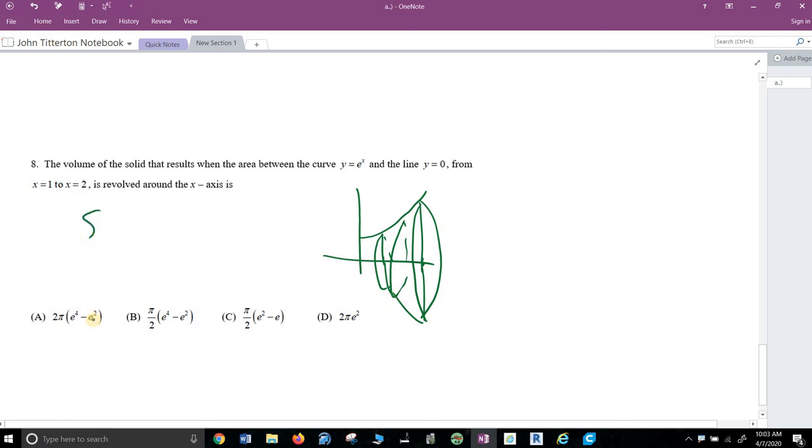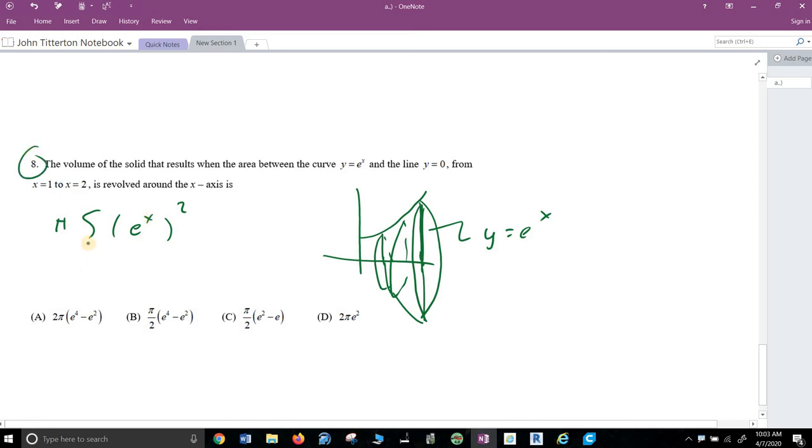Integral. Well, no, I actually like to do area. Volume of the solid results. It's a circle, so pi something squared. And the y, this value here, is e to the x. So e to the x squared. Probably do this by hand. Yeah, it is a hand problem.